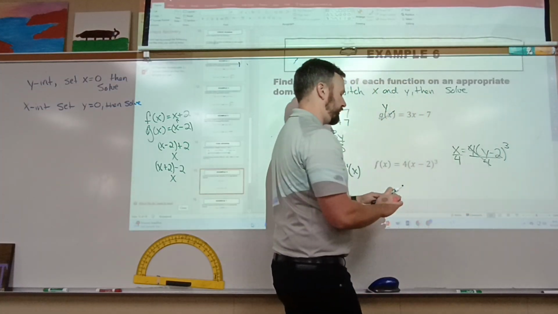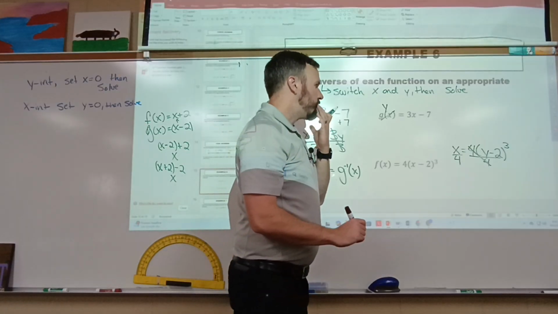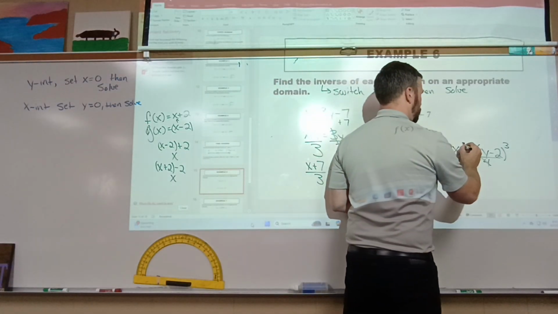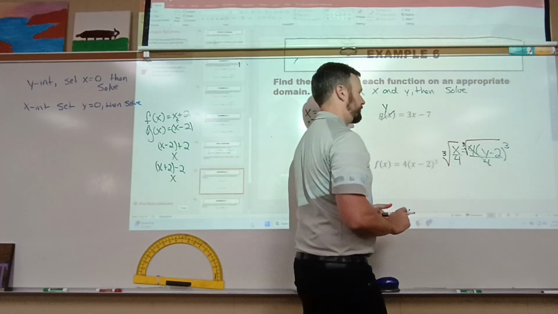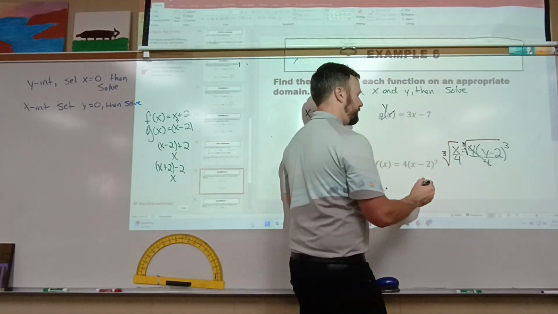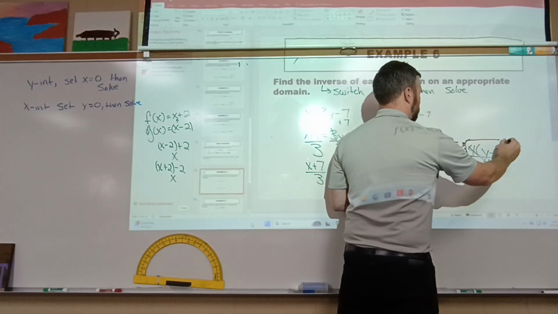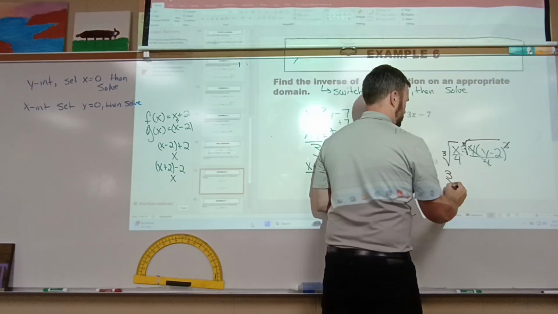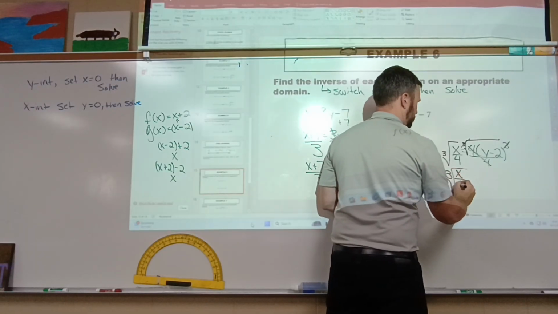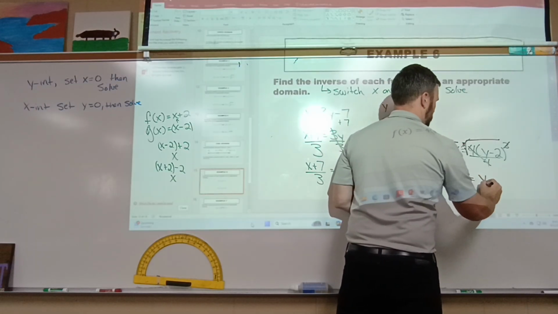How do you get rid of something to the cube? You cube root it. Cube rooting cancels your cubes. So cube root of x over 4 equals y minus 2.